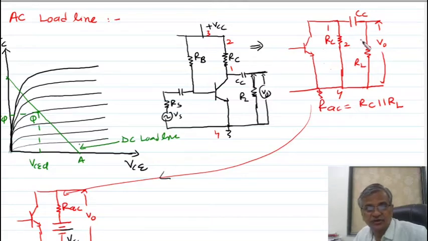But it does not matter, because that resistance is of the order of only 1 or 2 ohm. The AC resistance of this is very small, that's why we are neglecting it. If you do not want to neglect it, you can add the 2 ohm or 3 ohm, whatever resistance is offered by CC, in the equation.